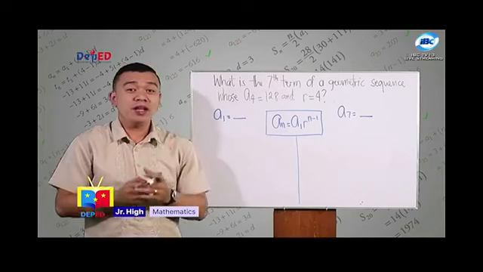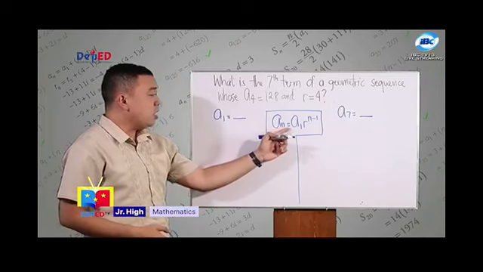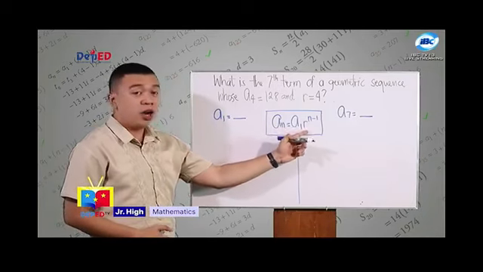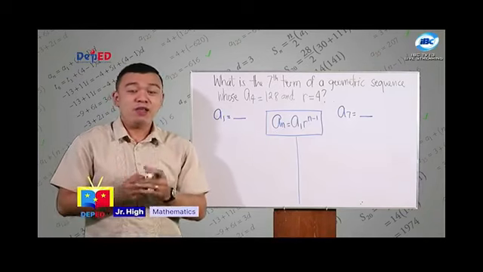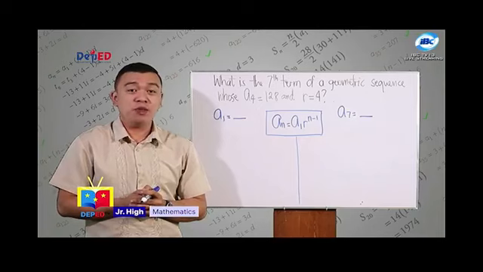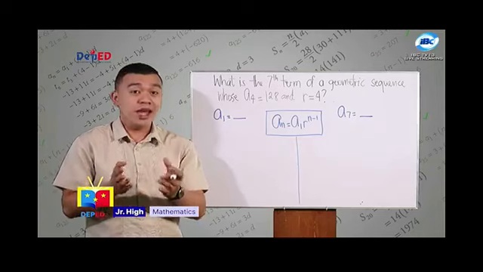Now let's use the formula. A sub n is equal to a sub 1 times r raised to n minus 1. Again, there are two unknowns in the problem, and to solve for a sub 7, we need to solve first for a sub 1.